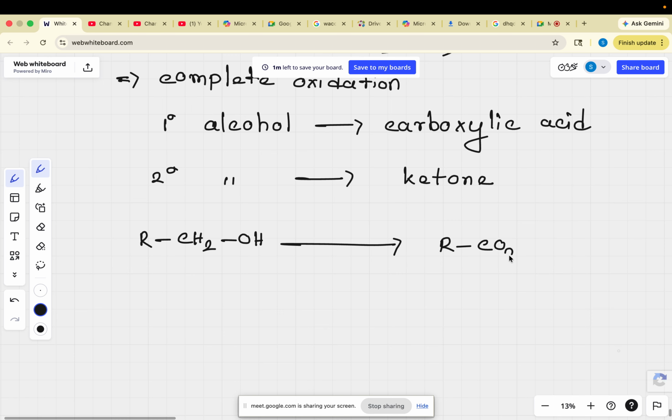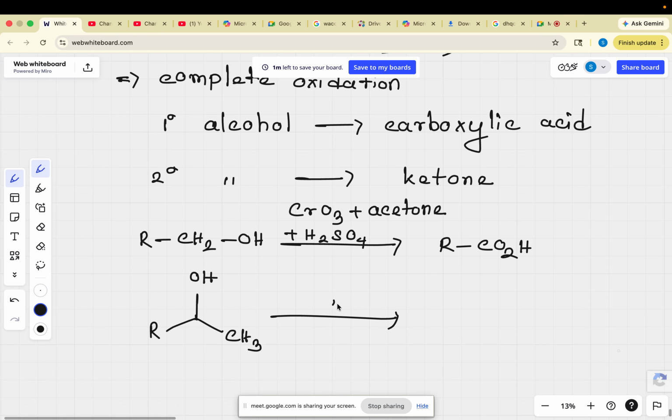You will get carboxylic acid derivative RCO2H. What is Jones reagent? CrO3 plus acetone plus H2SO4. If you have secondary alcohol, it will give you what? Ketone compound. But ketone cannot be further oxidized. Fine.